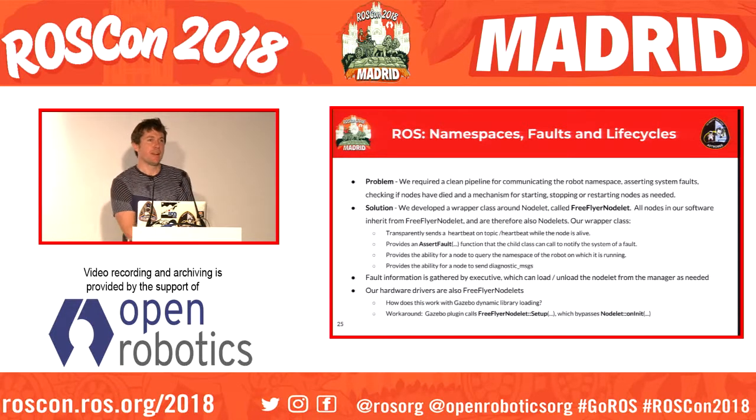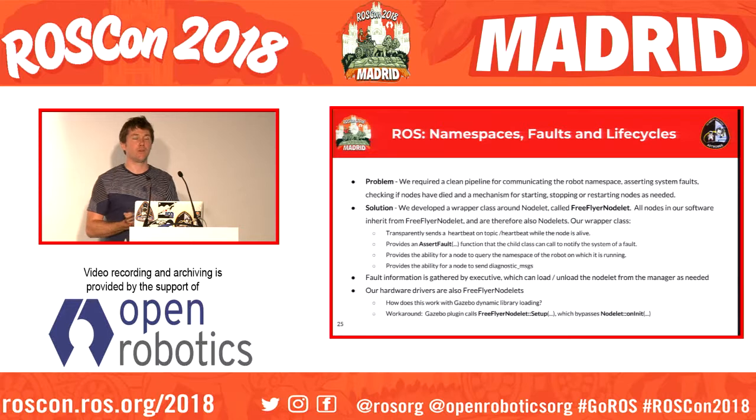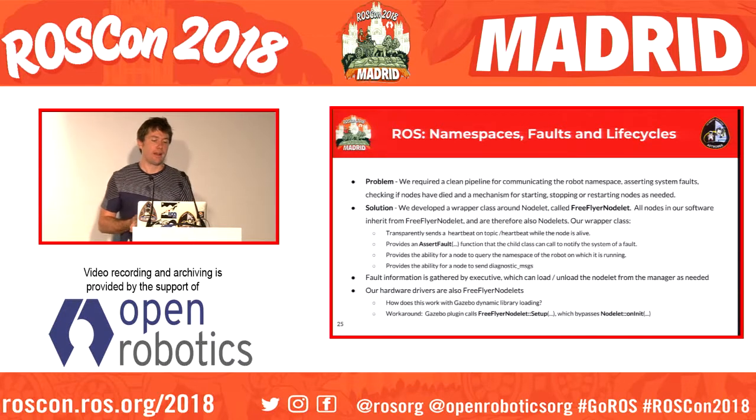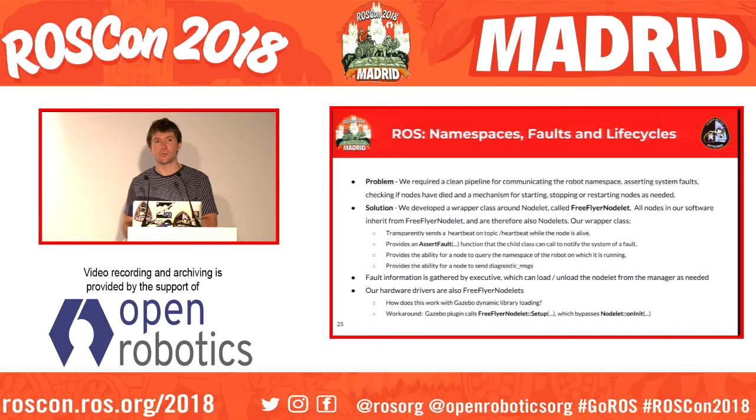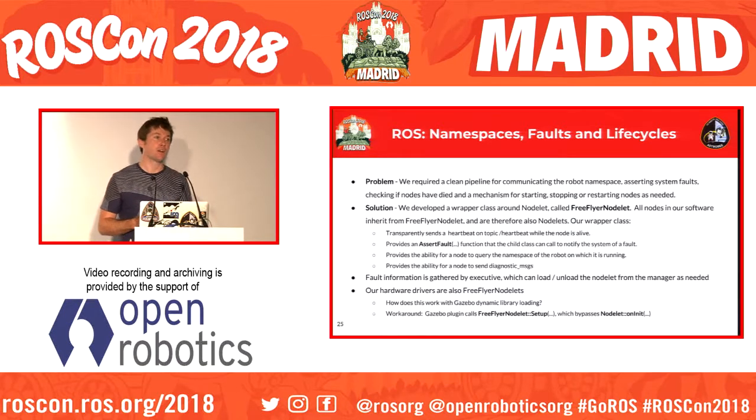We also had to augment our nodelets with some life cycle and fault management support. Diagnostic messages are great, and we do use them, but we needed a few extra things. Faults are really important to manage in a NASA project, so we had to essentially create a child class of nodelet called FreeFlyer nodelet, which adds assert fault and other common functions which we would find useful in a space robotics context.